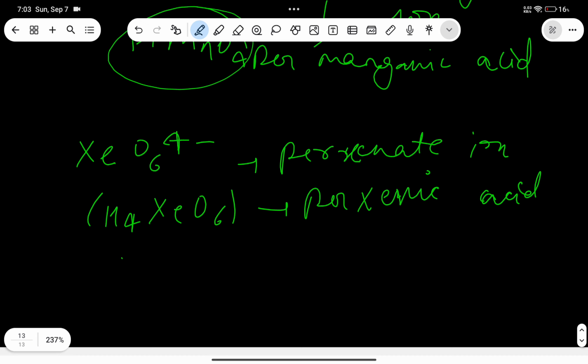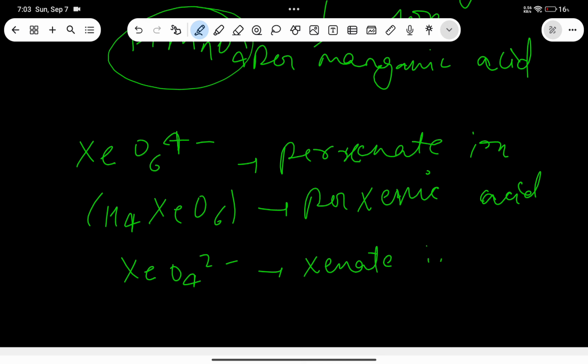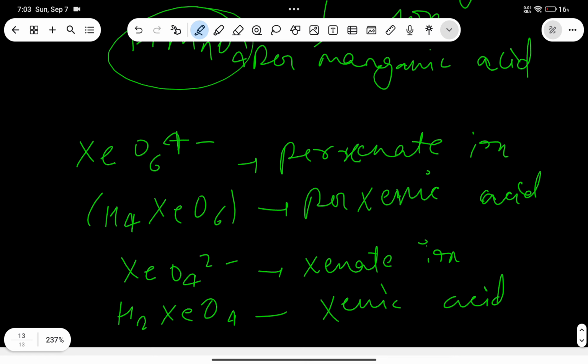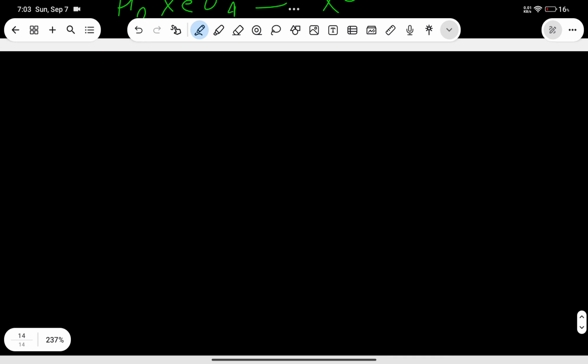And similarly XeO4 2 minus is the xenate ion, and it is derived from H2XeO4, which is xenic acid.